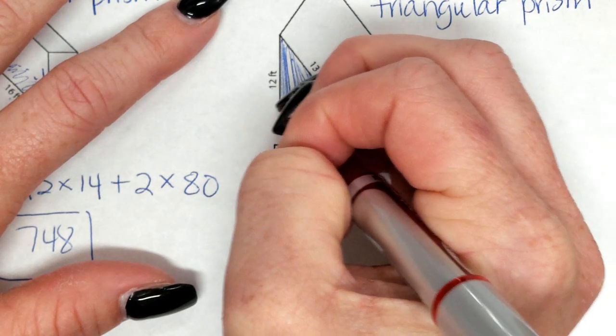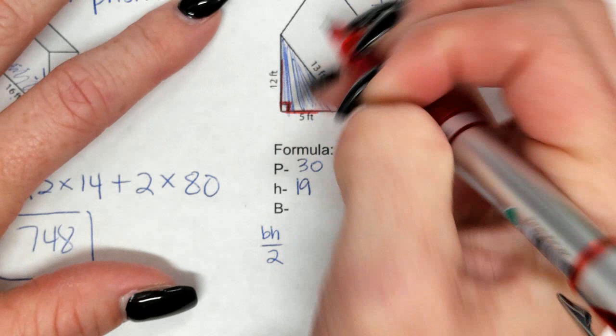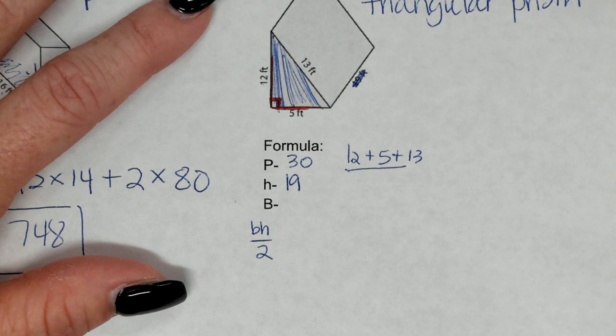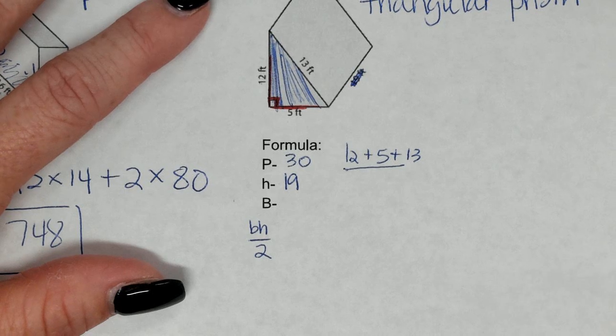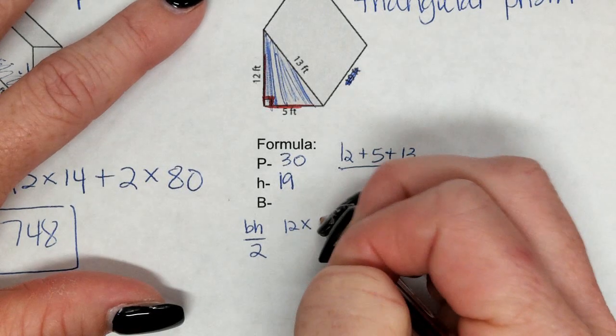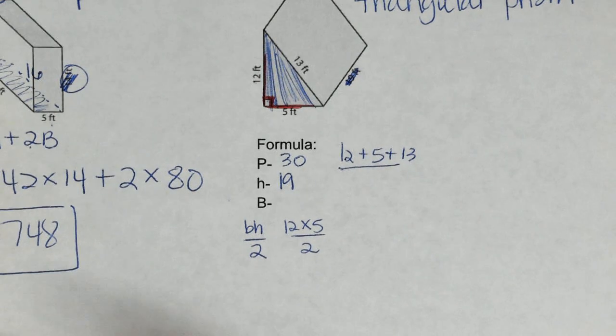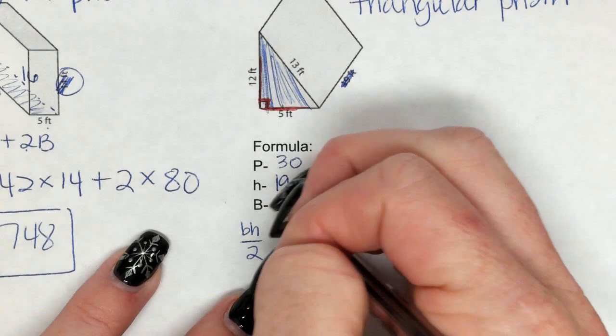Does everybody see the right angle? What two numbers are making that right angle? Say it again. 12 and 5. So 12 times 5 divided by 2. 12 times 5 is 60, and 60 divided by 2 is 30.